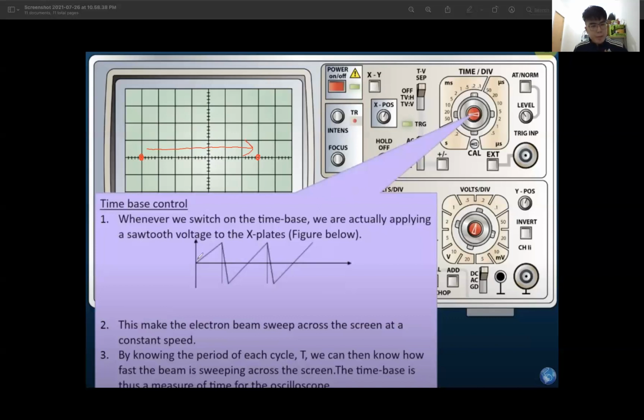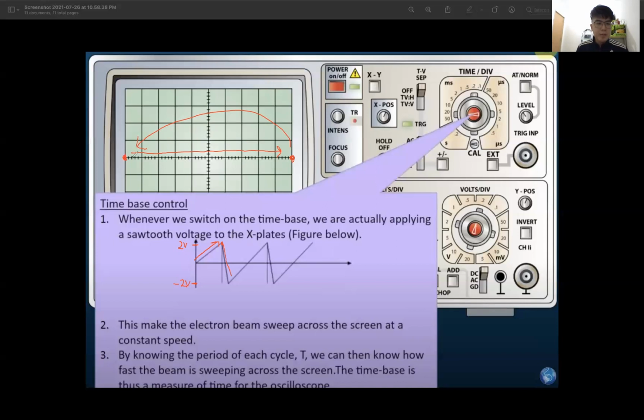Okay, so what happened here? You see the voltage rises. Suddenly it drops. Let's say this is 2 volt, suddenly it becomes negative 2 volt. What does that mean? When the dot goes from the left to the right, and then suddenly you apply negative 2 volt, it will jump back to the original place. Okay, I repeat.